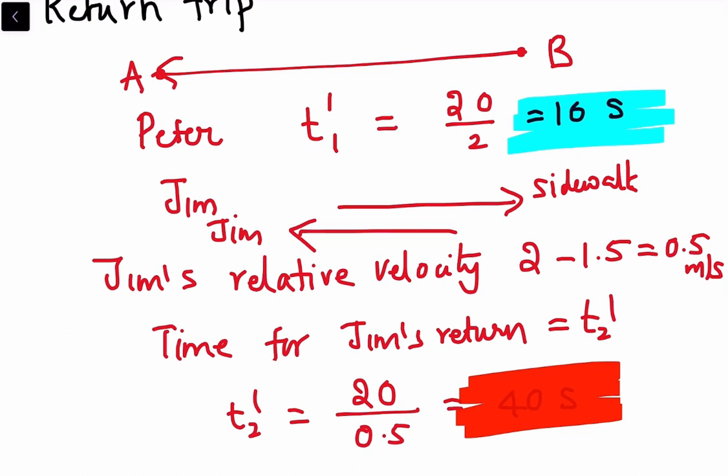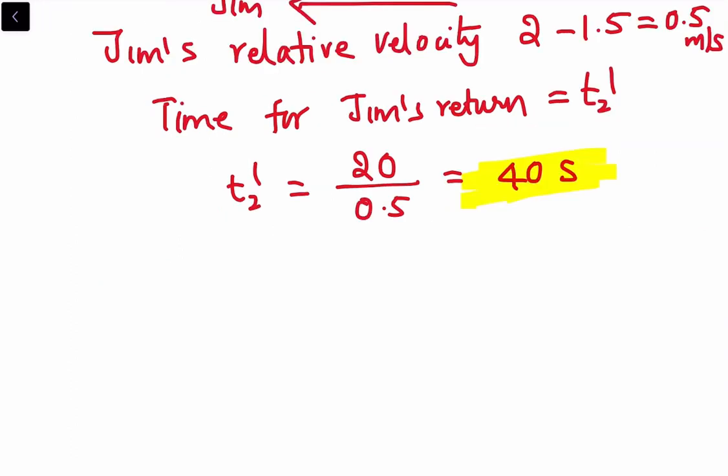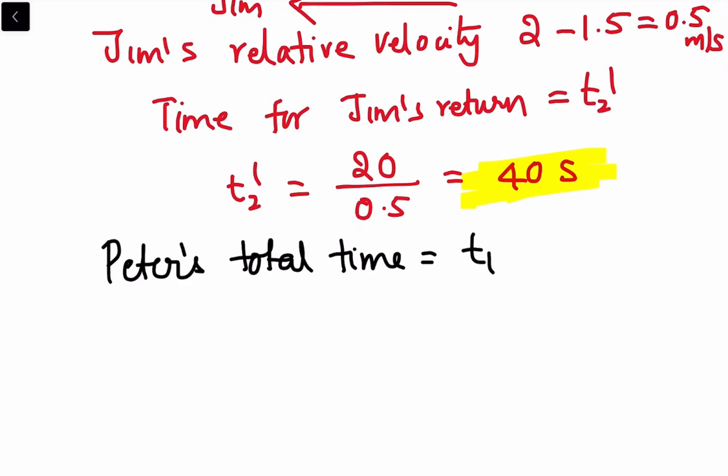Okay, I will clear this color and take some other color. This is 40 seconds. Now adding both of them, Peter's total time is T1 plus T1 dash.